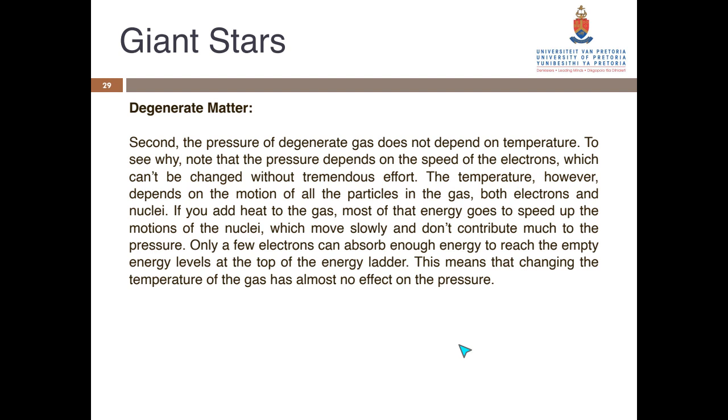So if you add heat to the gas, most of the energy goes to speed up the motions of the nuclei, which move slowly and don't contribute much to the pressure. Only a few electrons can absorb energy to reach the empty energy levels at the top of the energy ladder. This means that changing the temperature of the gas has almost no effect on the pressure.